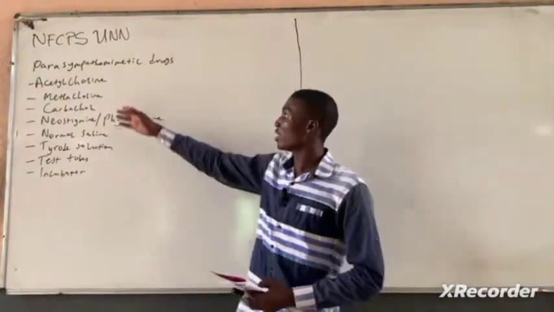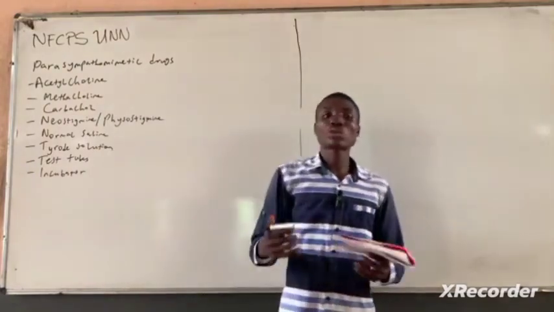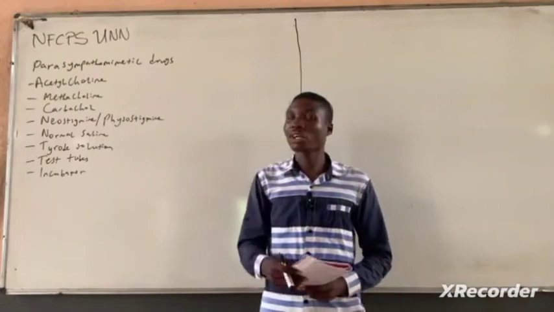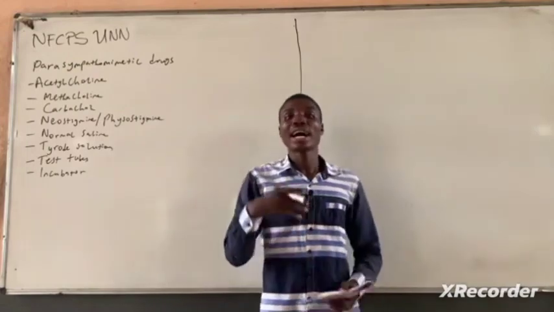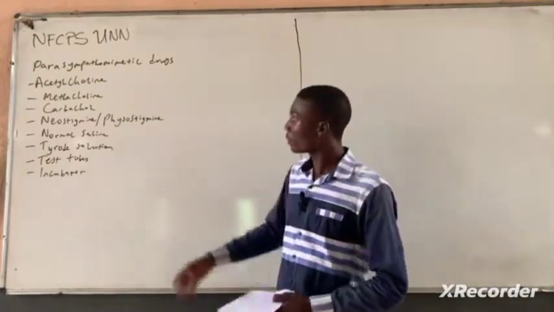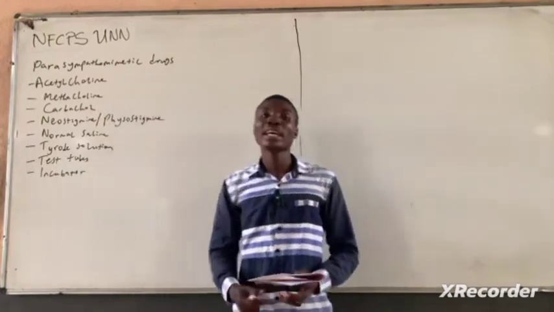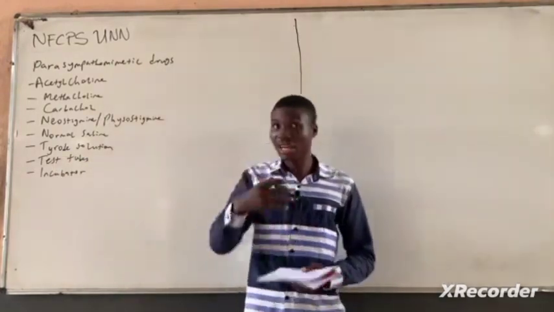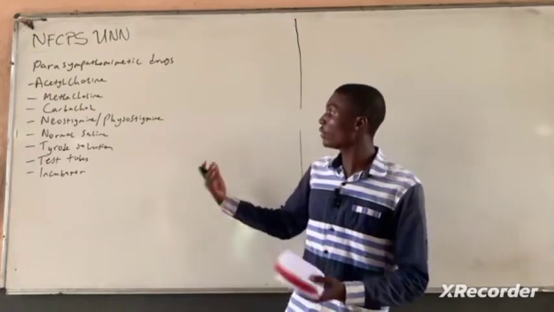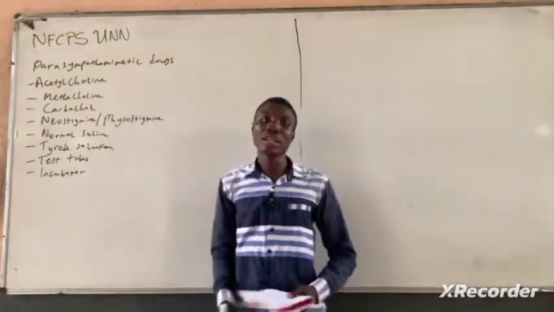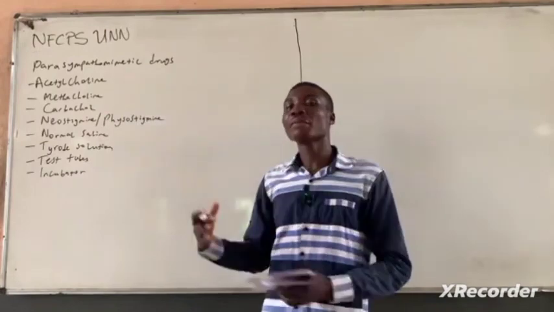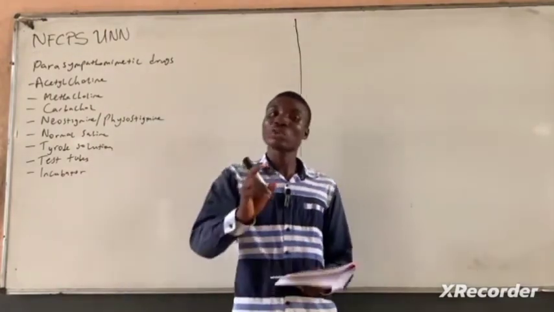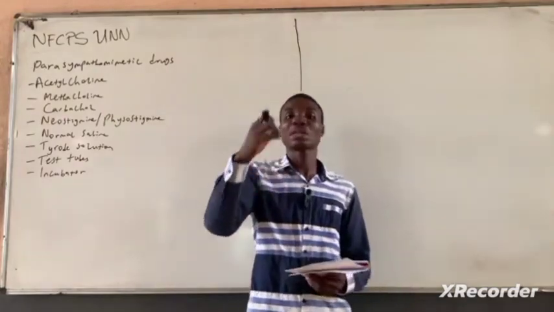So we have acetylcholine. Acetylcholine acts on cholinergic receptors, where we talk about the muscarinic receptors and the nicotinic receptors. Then methacholine is a semi-synthetic form of choline esters. The difference between methacholine and acetylcholine is that in methacholine, you already have a methyl group attached to that particular compound. You may want to look at your textbook to see that specific attachment of the methyl group.